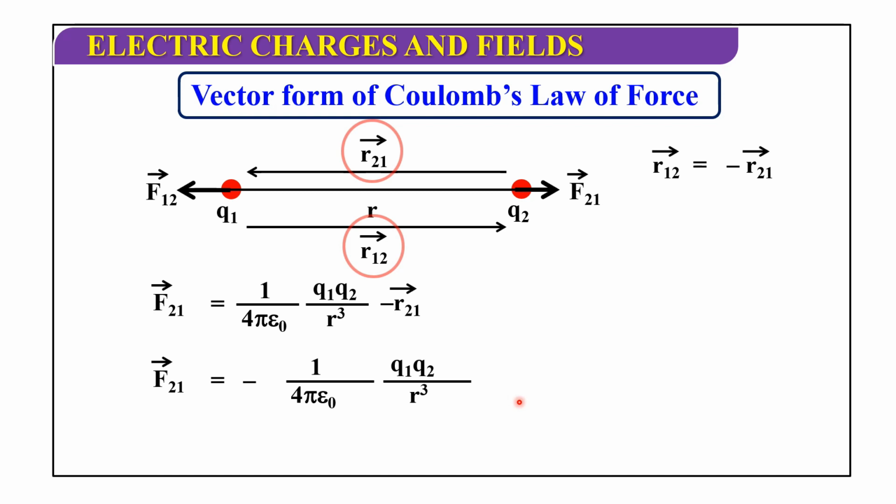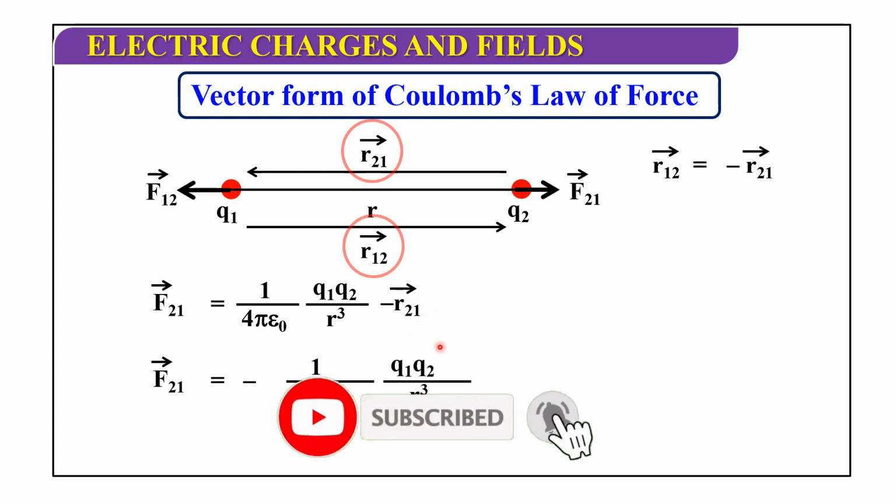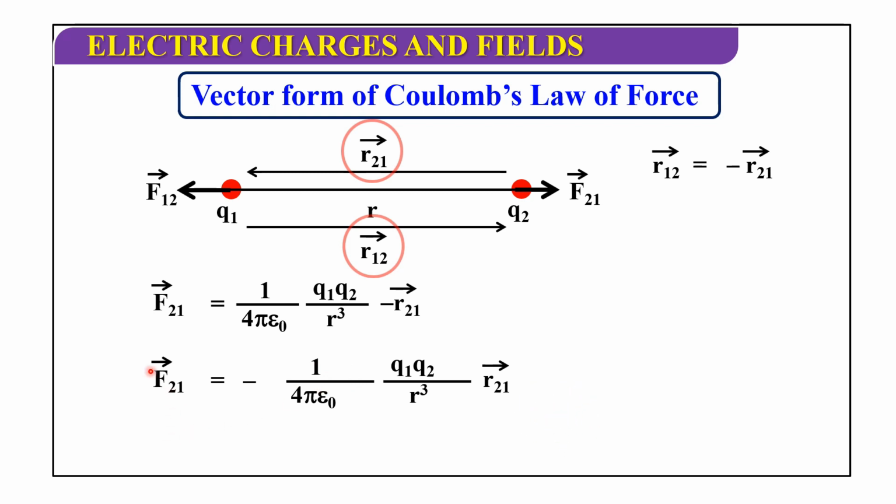So F21 bar is equal to 1 by 4 pi epsilon naught Q1 Q2 by r cube into minus r21 bar, so F21 bar is equal to minus 1 by 4 pi epsilon naught Q1 Q2 by r cube r21 bar.